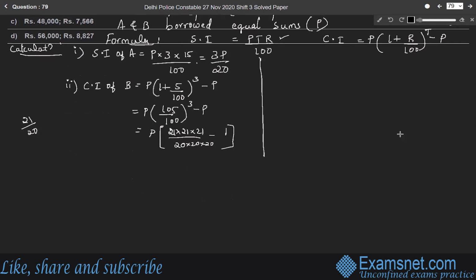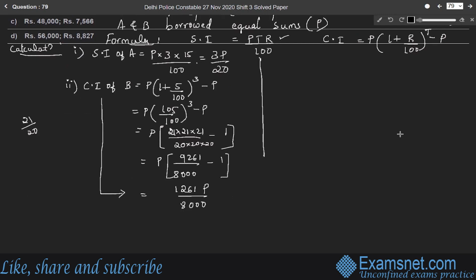So after simplification, 21 into 21 into 21 is 9,261. So 9,261 divided by 8,000 minus 1, which is equal to 1,261 P by 8,000. So the compound interest paid by B is 1,261 P divided by 8,000, right?